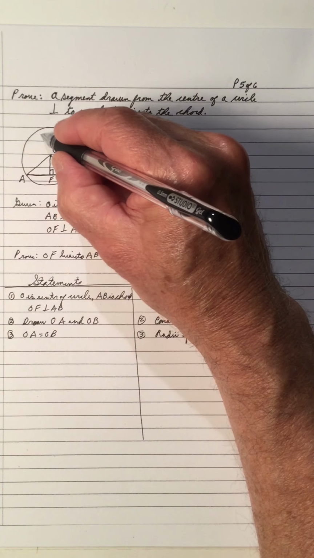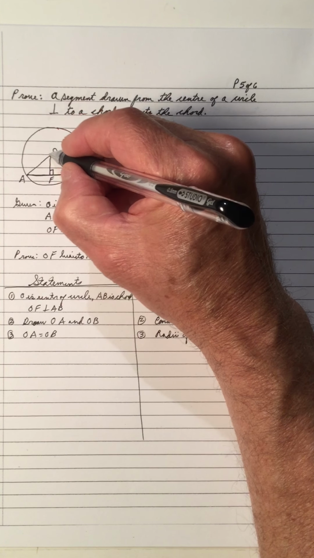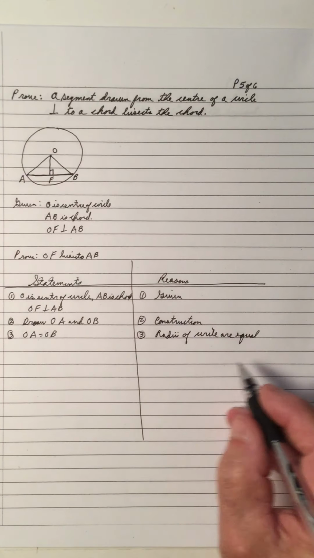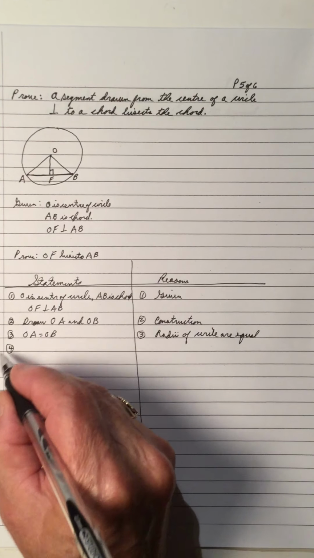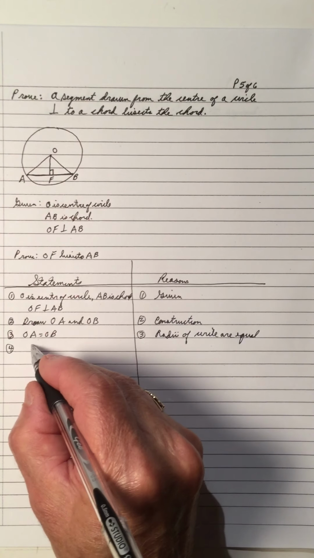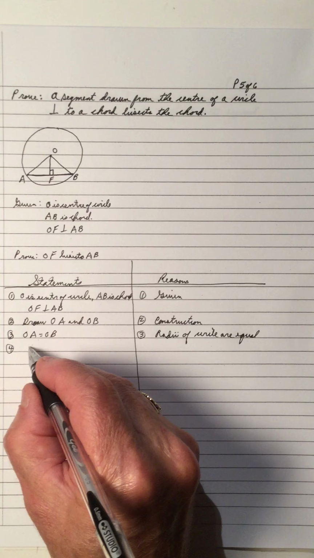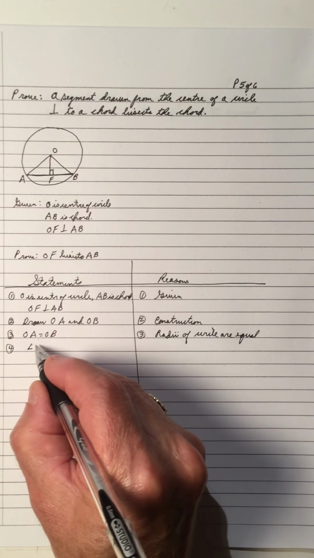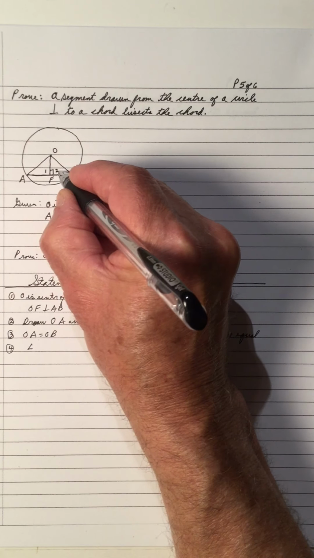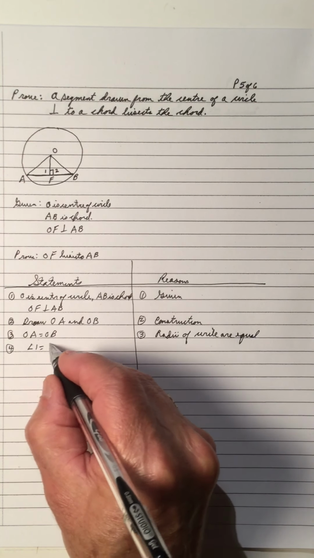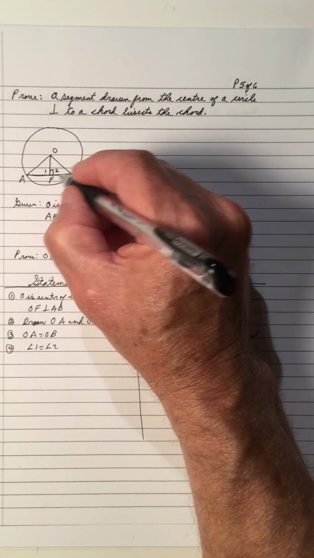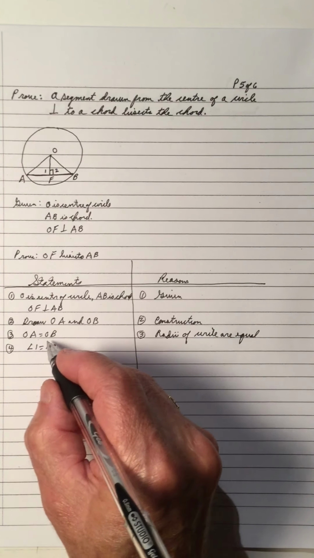If I drew this segment up here to this point, that would be equal to OA, OB, and so all four of them would be equal. Okay, what else do we have? We have OF perpendicular, so that means that angle, and let's name these two angles, angle 1 and angle 2. So angle 1, instead of going OFA and OFB, I'm going to put 1 and 2 in.